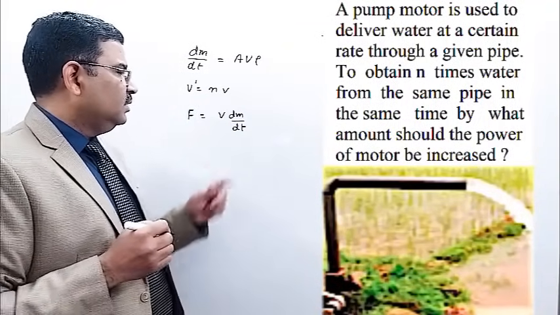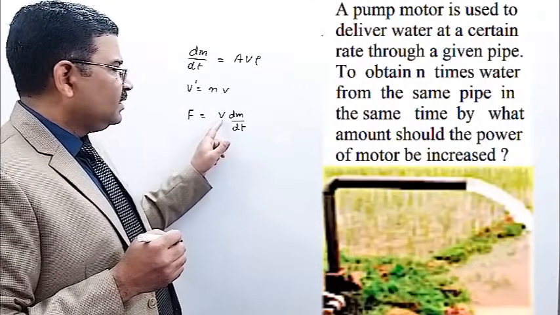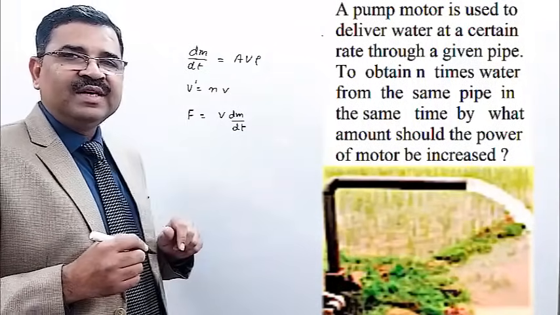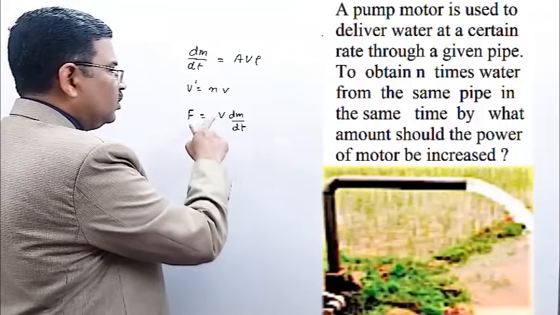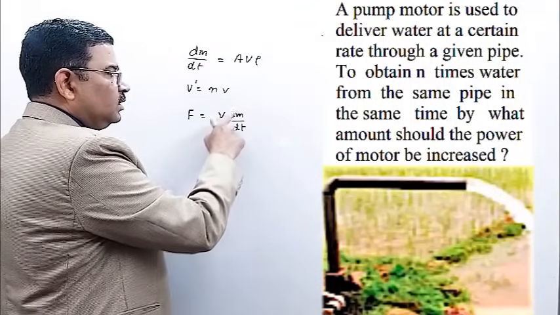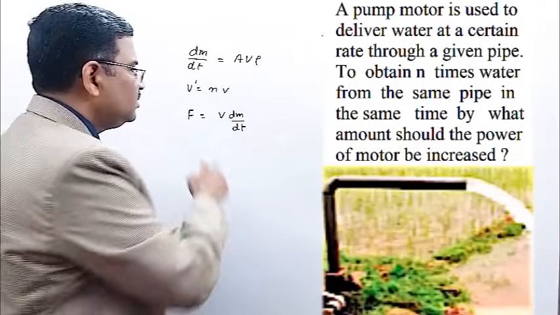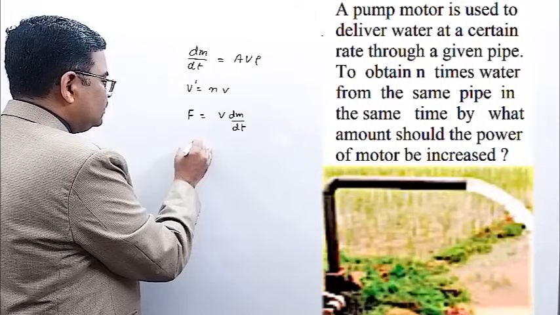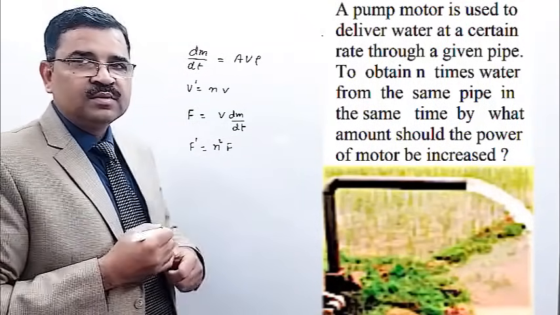Now you can see that v is increased n times, so here we multiply this by n, and dm by dt is also to be increased n times because the mass supplied is increased n times. So when velocity is increased by n times, the mass supplied per second is also increased by n times. So this means the force is increased by n square times. So if F dash is the new force, then it must be n square times the initial force.